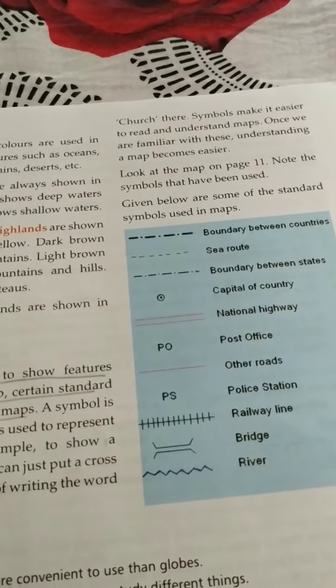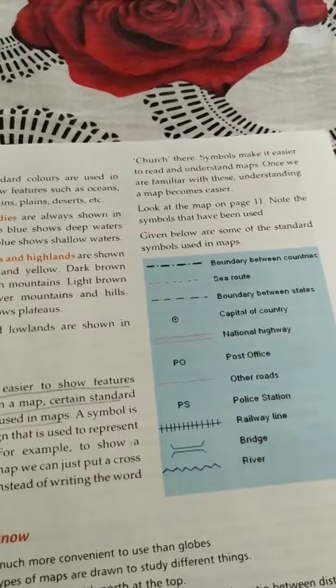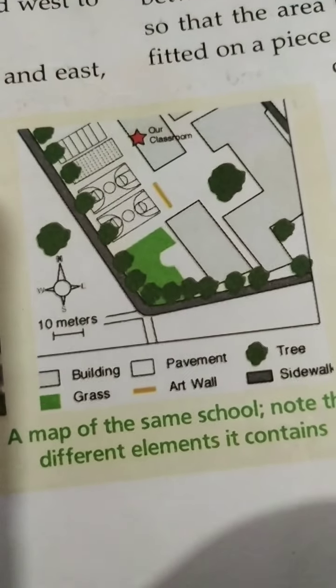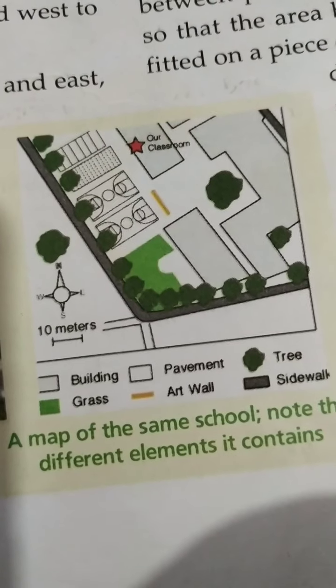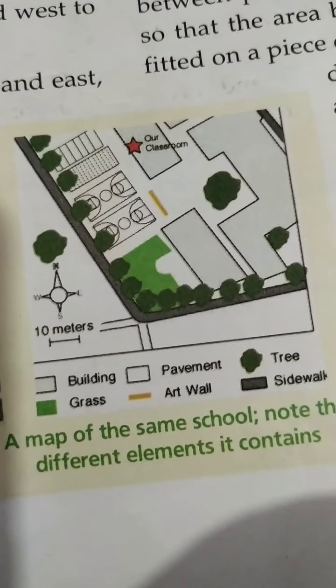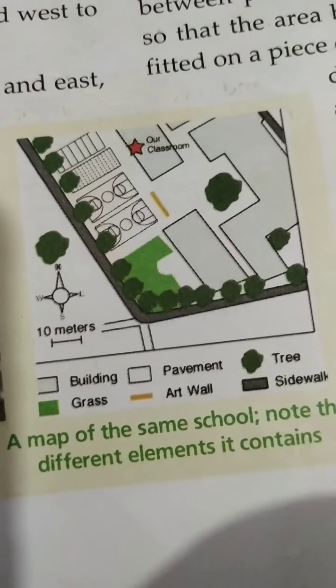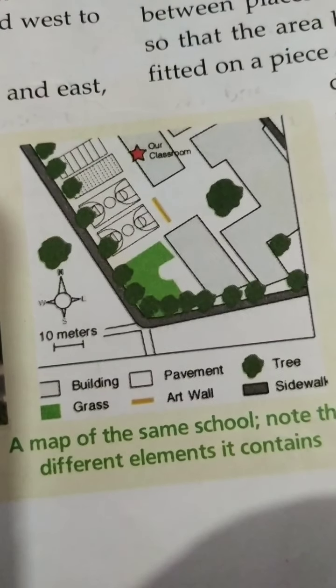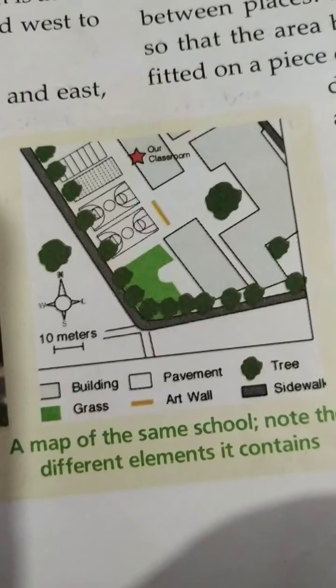Now you see page number 11. I will show you the picture. Here the colors are given. Different colors are used, symbols are used, all the elements are used. This is the picture of one school.